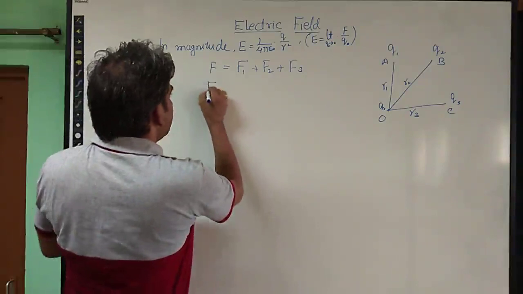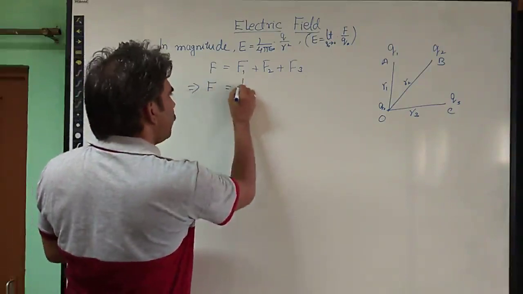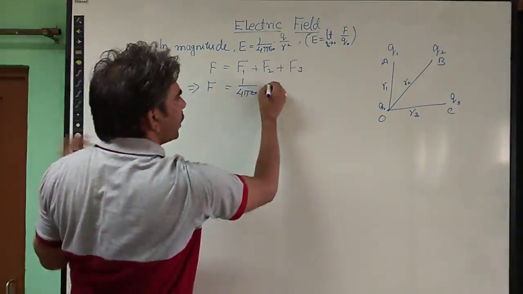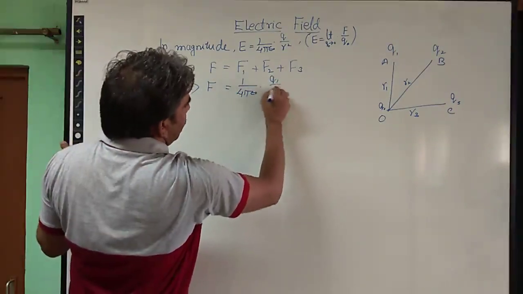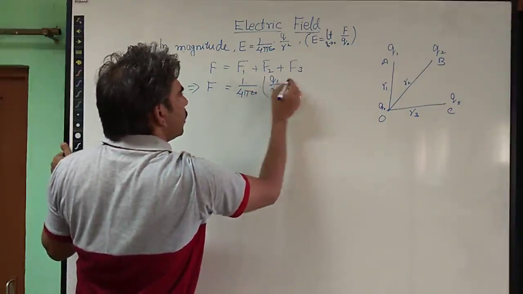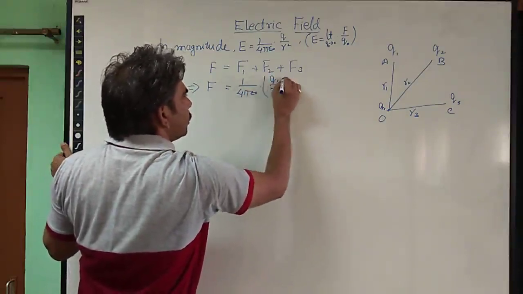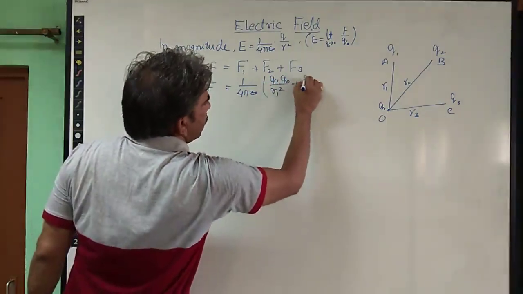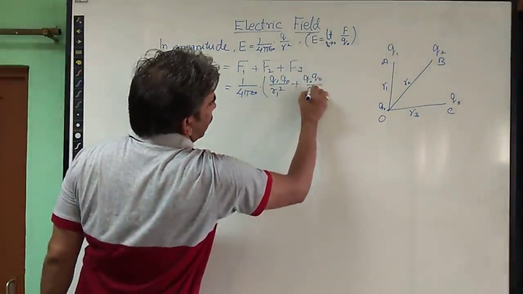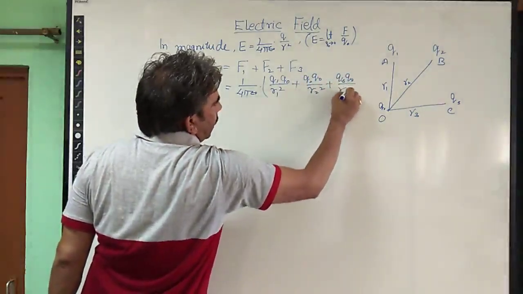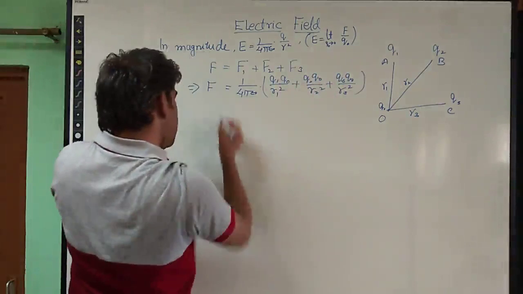So from here the electrostatic force we have found to be 1 upon 4 pi epsilon naught into Q1 Q naught upon R1 square plus Q2 Q naught upon R2 square plus Q3 Q naught upon R3 square. So this is the very general expression.